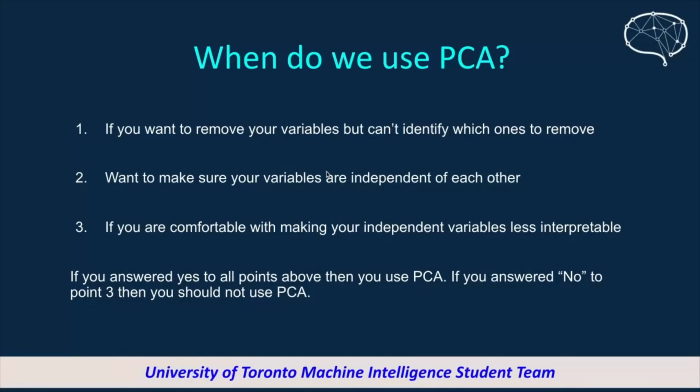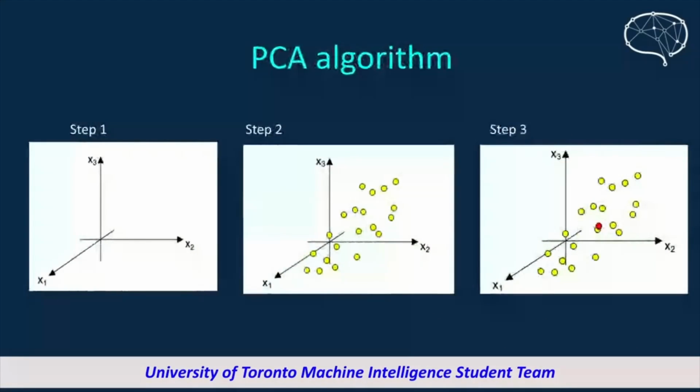So now let's look into the PCA algorithm to better understand how we can make these principal components. In step 1, let's consider a matrix X with n rows, aka the observations, and k columns, aka variables. For this matrix, we construct a variable space with as many dimensions as there are variables.